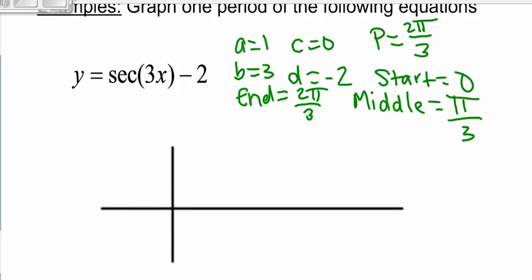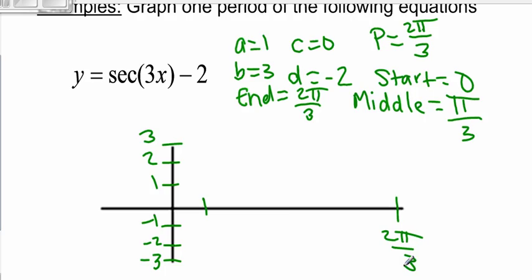So I have 1, 2, I'm just going to go up 3, -1, -2, -3. And I end at 2 pi over 3. My middle is pi over 3.